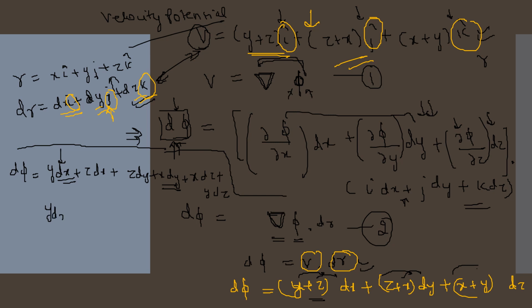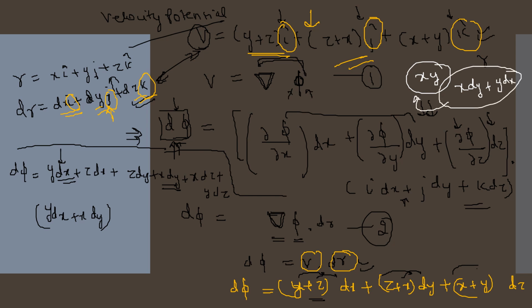If I group them together, can you see if I have, let's say, xy, and I want to differentiate it, what I'll use? Product rule. x as it is differentiation of y plus y as it is differentiation of x. So can I do the converse? Can I write it as d of xy? Yes or no?